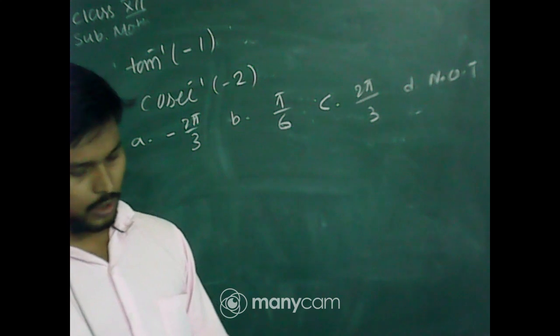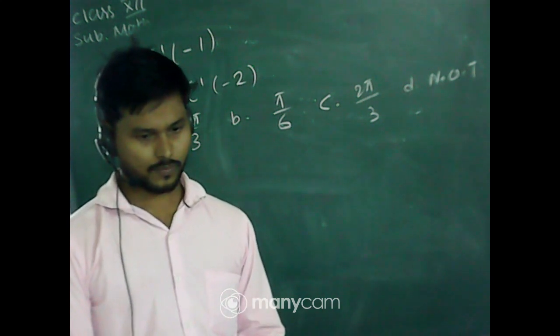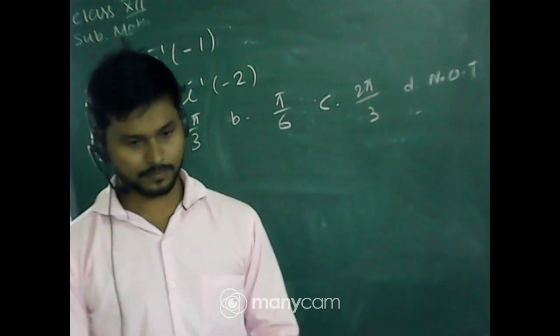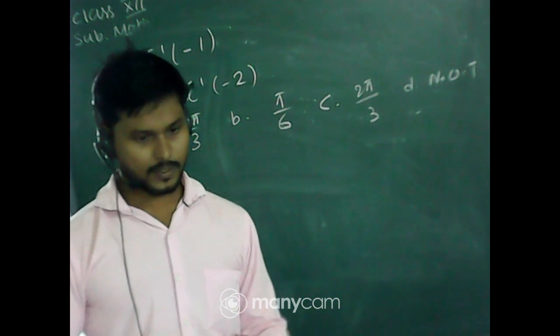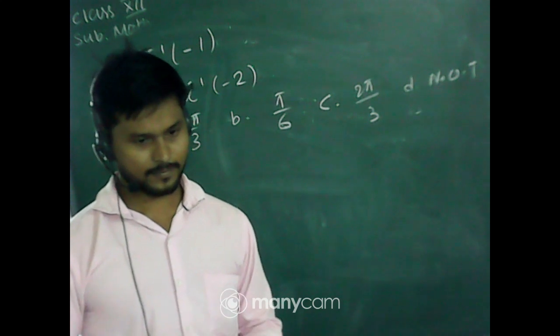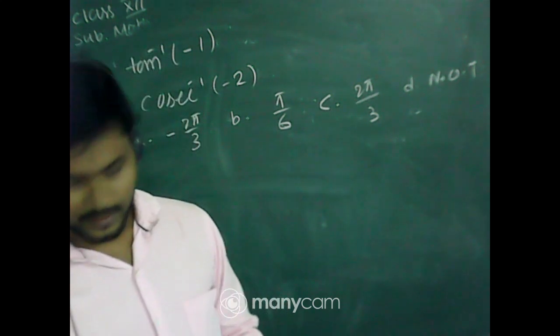The principal value of cosec inverse minus 2. 2 pi by 3. Yes, very good. Now it is correct. Yes, option will be D, none of this.